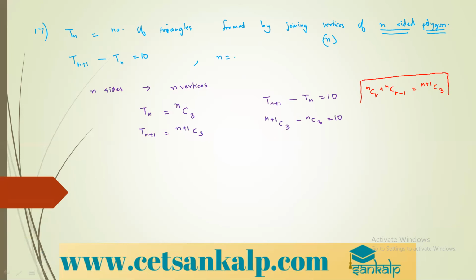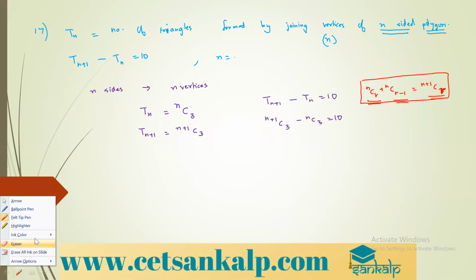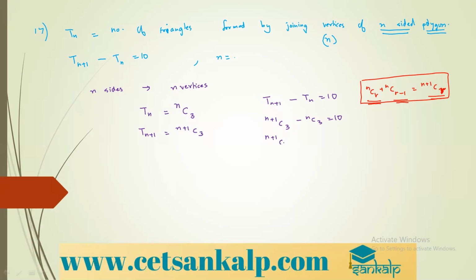This formula will be useful for us. I repeat again, nCr plus nC(r minus 1) equal to n plus 1 Cr. How will this formula be useful? Suppose you think this is n plus 1 Cr.